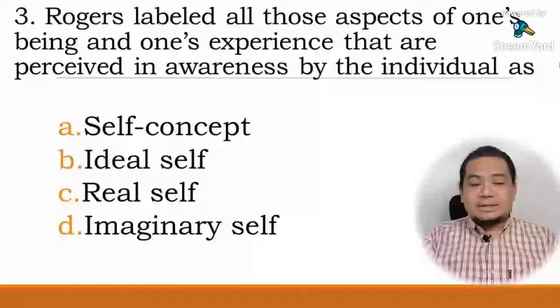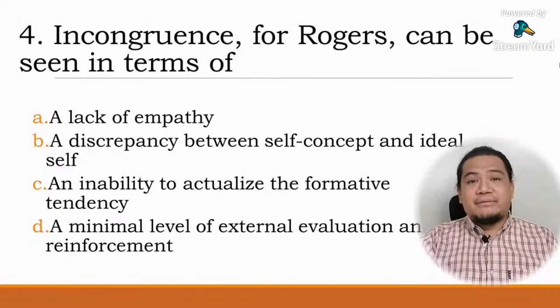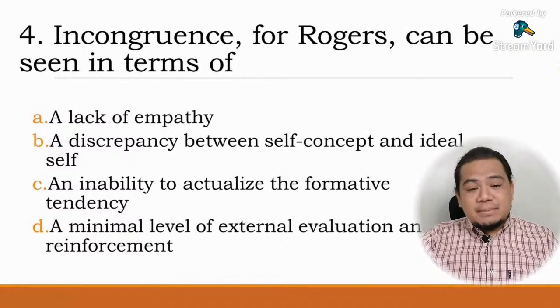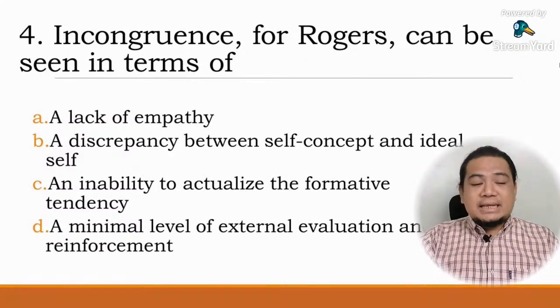Number 4. Incongruence for Rogers can be seen in terms of A, a lack of empathy, B, a discrepancy between self-concept and ideal self, C, an inability to actualize the formative tendency, or D, a minimal level of external evaluation and reinforcement.